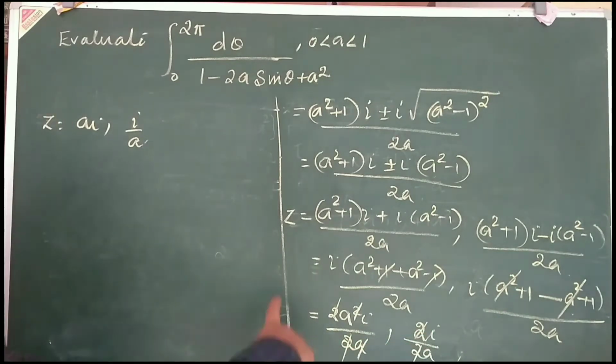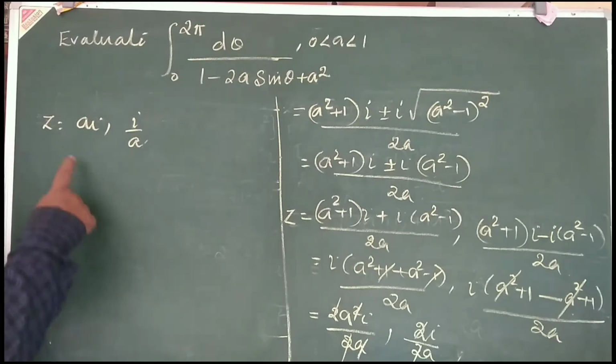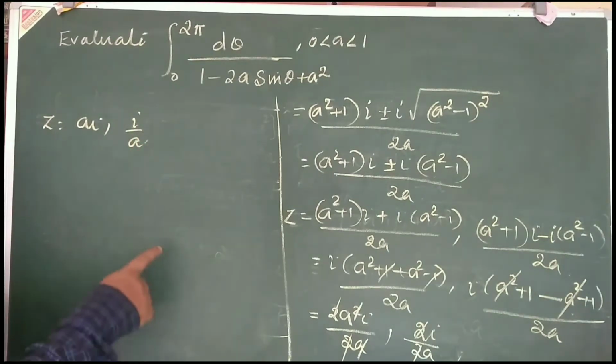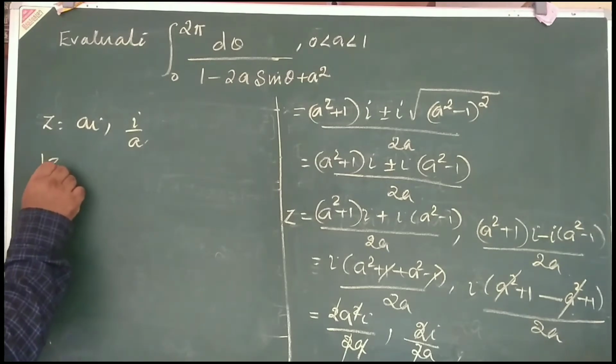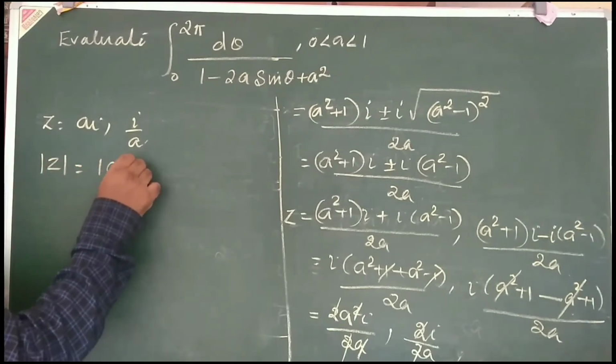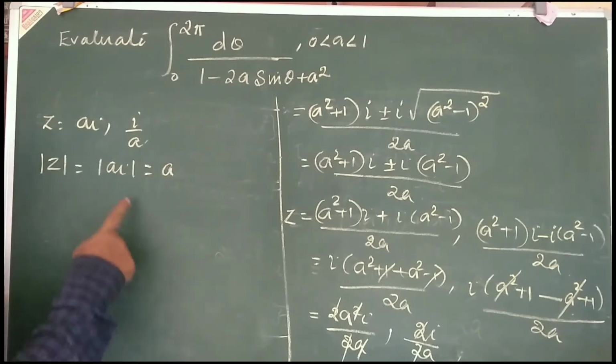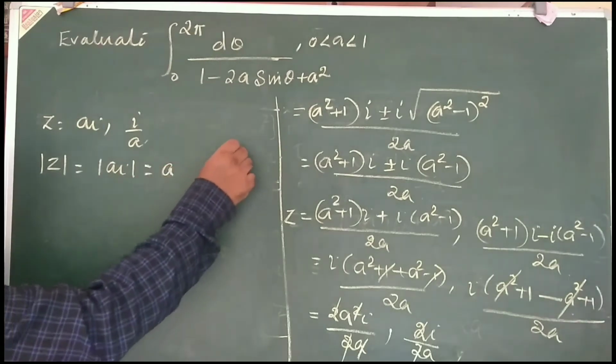So there may be confusion here because the numbers are just alphabetic, so it will be confusing. So now what is the idea? z is equal to ai and z is equal to i by a. So next idea, mod z. So mod z is equal to mod ai. What is mod ai? That is a only, because mod i is equal to 1.